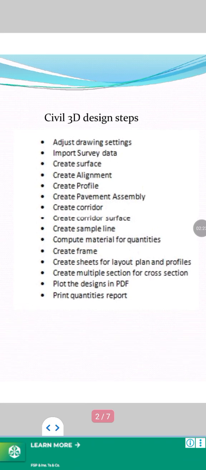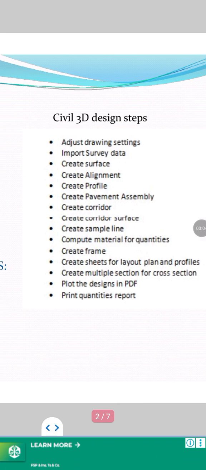The first thing we did was adjust the drawing settings to the zone in Limpopo, and we imported the survey data for the road, and we created the surface with the survey data. From there we were able to create the alignment, profile and pavement assembly. With those, we created a corridor, and then we made that corridor a surface so that we can create sample lines and compute materials for the quantities.